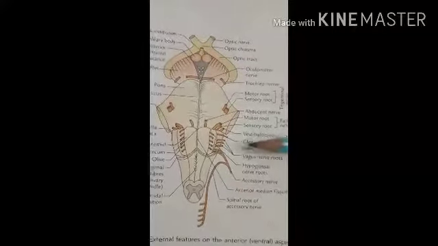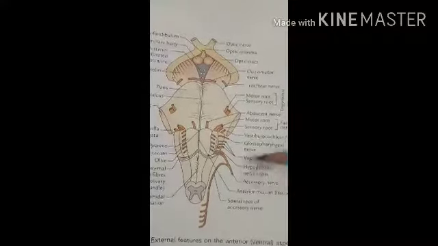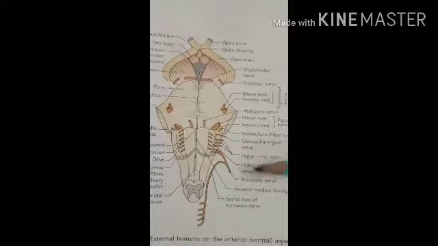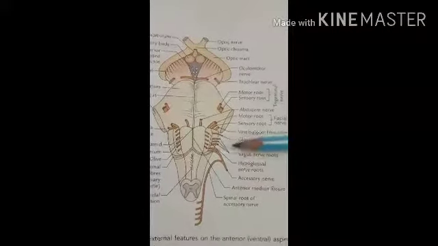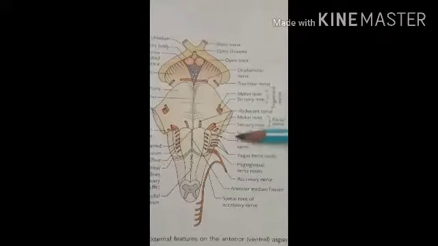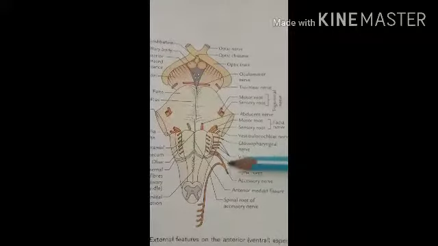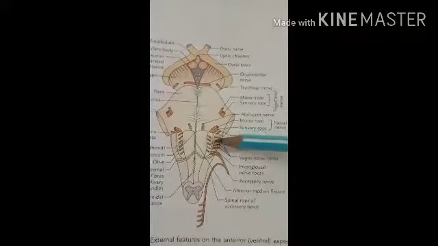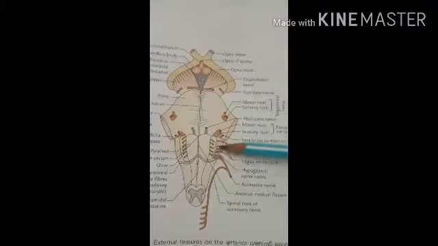Out of these, the glossopharyngeal, vagus and the spinal accessory, meaning 9th, 10th and 11th, originate from the posterolateral sulcus of the medulla oblongata. So here you can see the glossopharyngeal nerve, this is the vagus nerve, and this is the spinal accessory nerve. They originate from here, that is called the posterolateral sulcus.